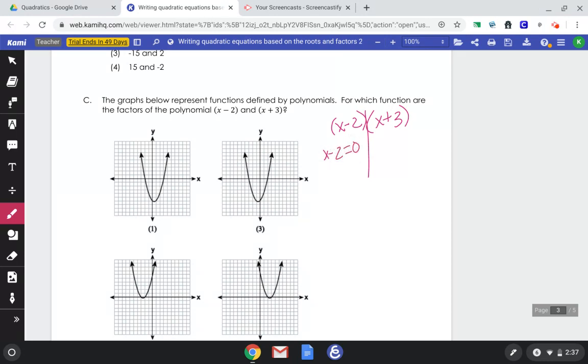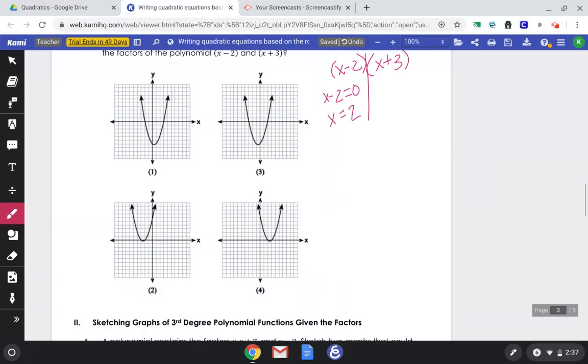If one of the factors is x minus 2, that means your x value has to be positive 2. Well, graph number 4 goes through positive 2. Graph number 2 does not cross at positive 2. Graph number 1 does not cross at positive 2.